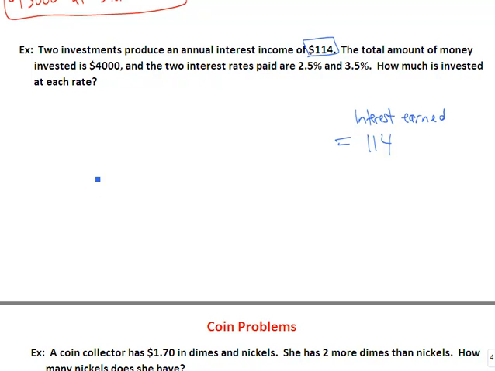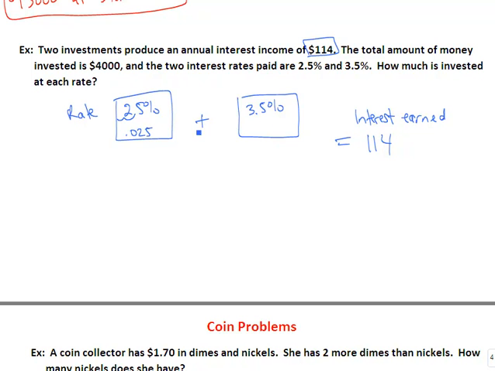On the other side of the equation, we have the total amount of money invested is $4,000, and the two interest rates paid are 2.5% and 3.5%. So again, we have two boxes. One of them is our 2.5% rate, and the other one is 3.5%. As decimals, moving the decimal 2 spots to the left, this would be 0.025, and this one would be 0.035.